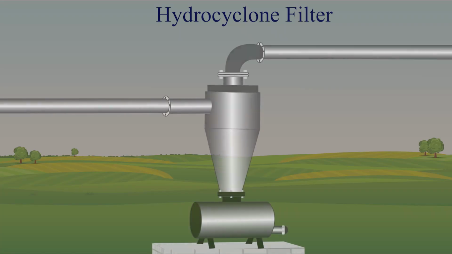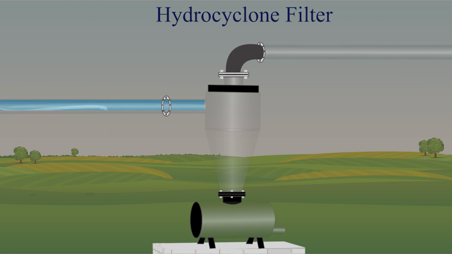Hydrocyclone filter. Water enters the hydrocyclone via a tangential inlet, which creates a spiral flow along the walls of the filter. The centrifugal force separates the waste and sand particles and pushes them towards the wall of the sand separator.